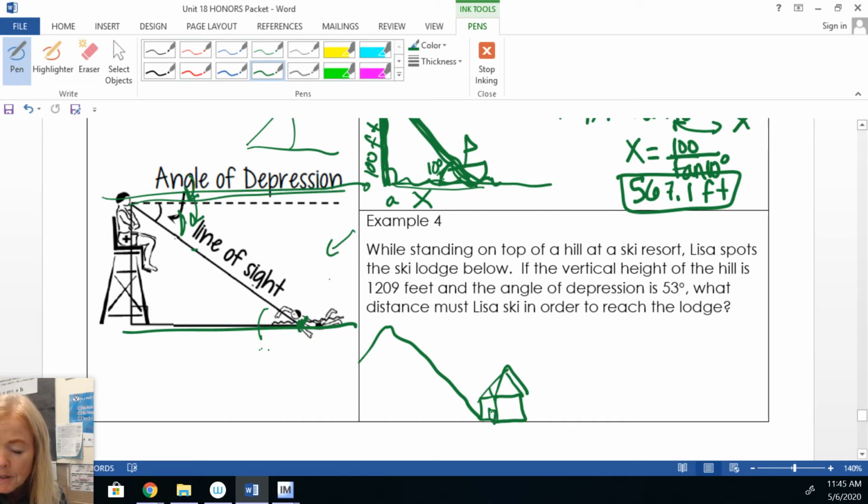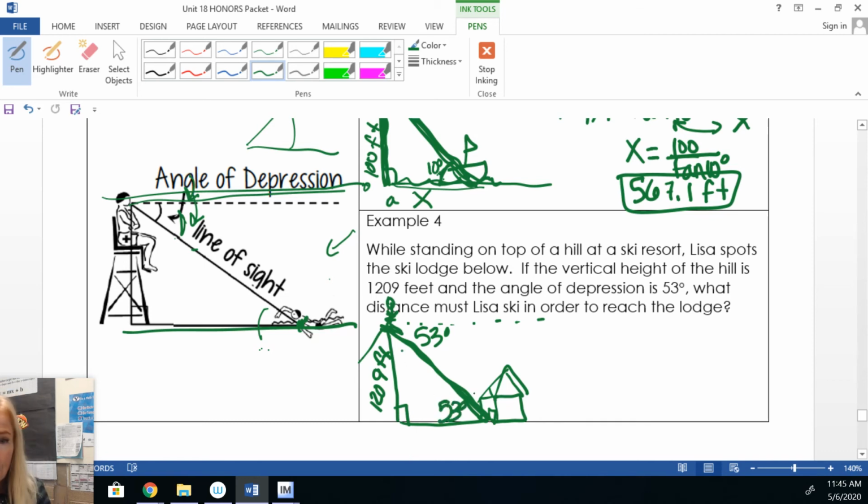If the vertical height of the hill is 1,209 feet, and here's Lisa with her skis standing at the top of the hill, and the angle of depression from her is 53 degrees down to that line that hits the lodge, then where does our 53-degree angle go? Here or here? Those are our two choices inside of the triangle. Of course, it's an alternate interior angle, so it needs to be down at the lodge.